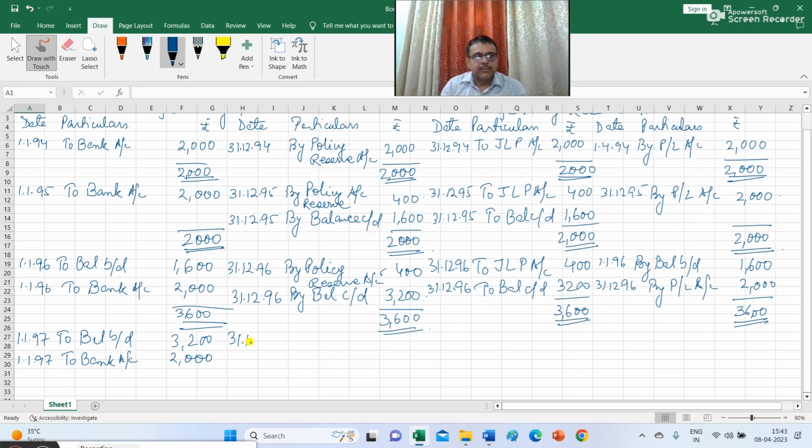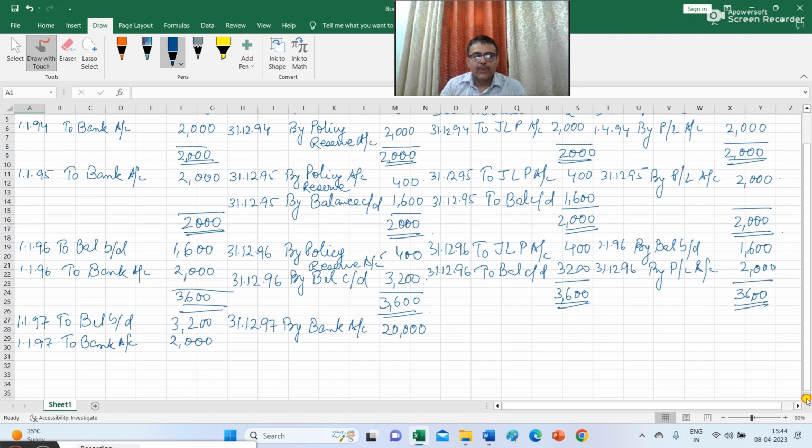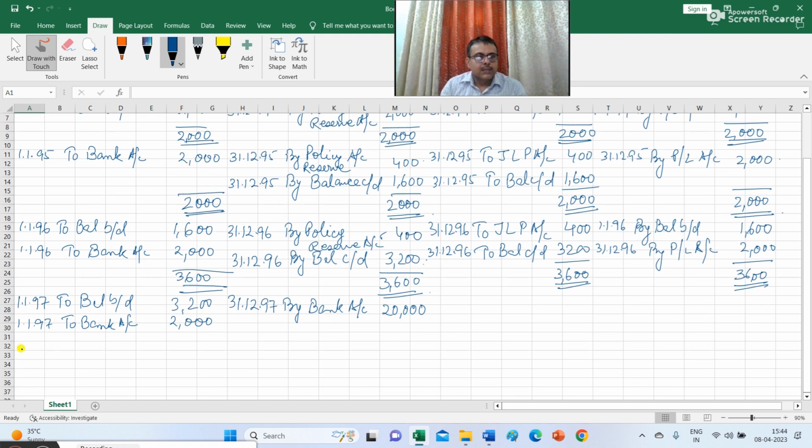Now on 31st December, since B died, you have to collect the amount from insurance company, and insurance company will pay rupees 20,000, the amount of the policy, and the difference is the profit that will be transferred to policy reserve account. So I have to write here as to policy reserve account, and the amount is 14,800.